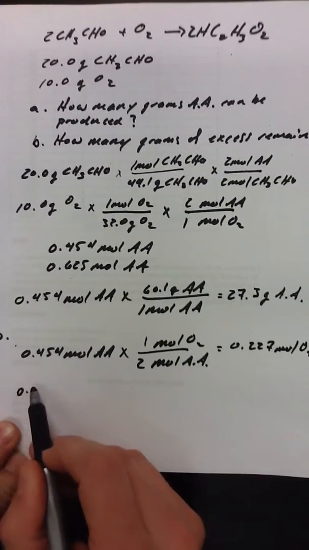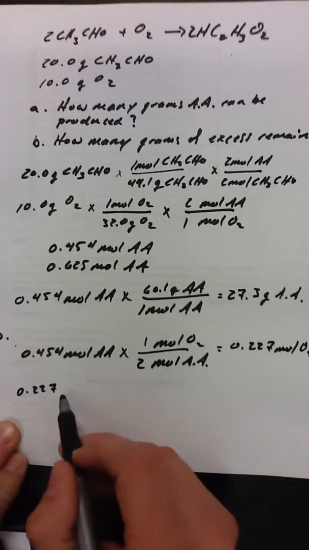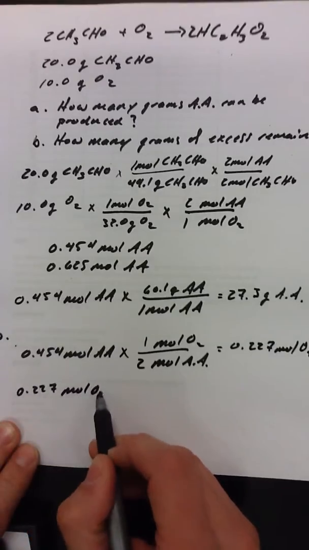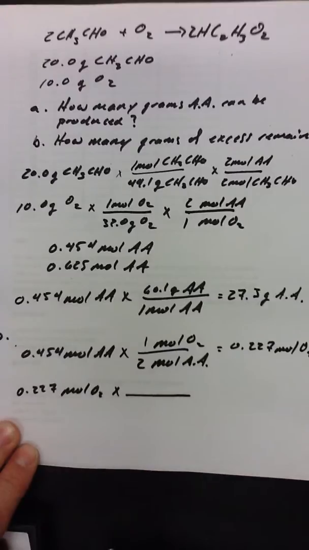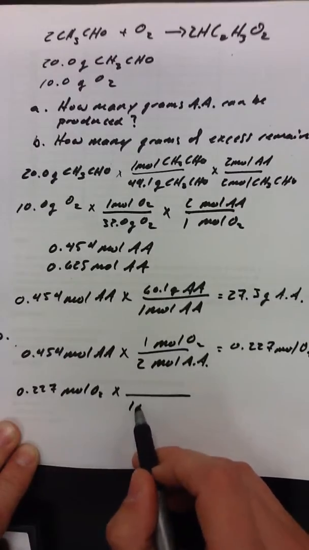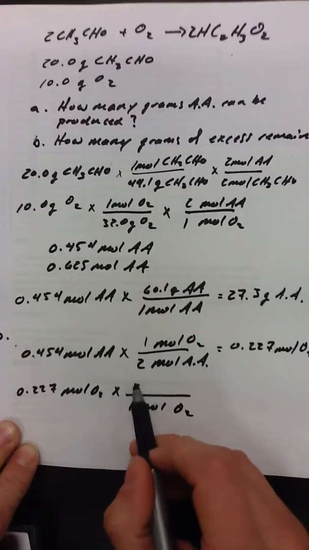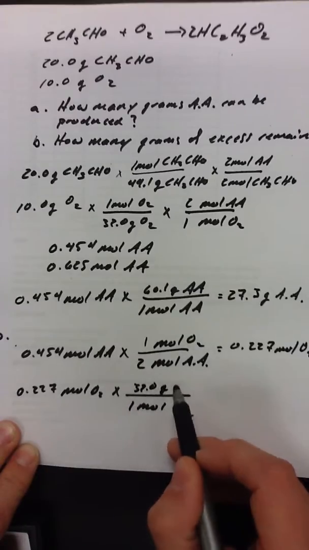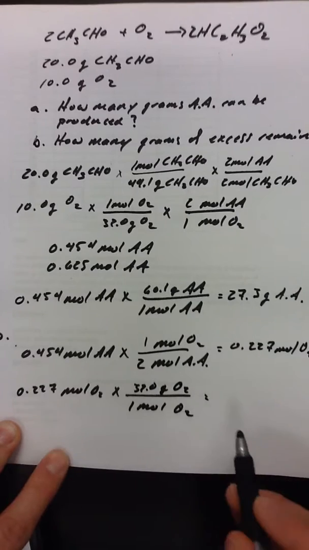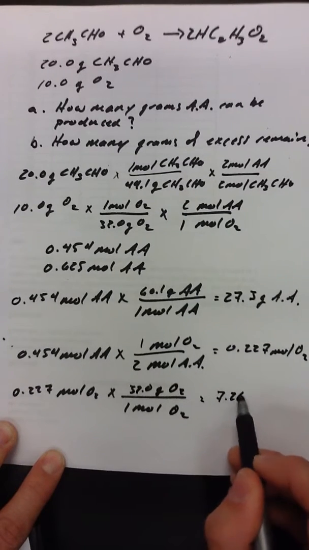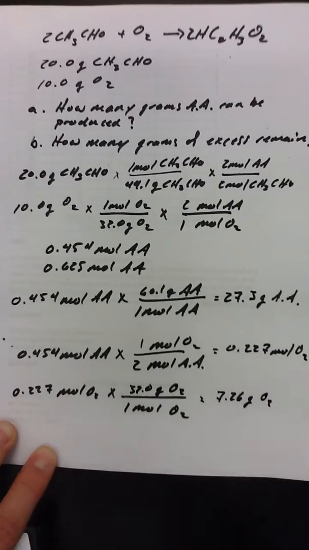So 0.227 moles of oxygen. We need the molar mass. 1 mole of oxygen weighs approximately 32.0 grams. We end up getting 7.26 grams of O2.